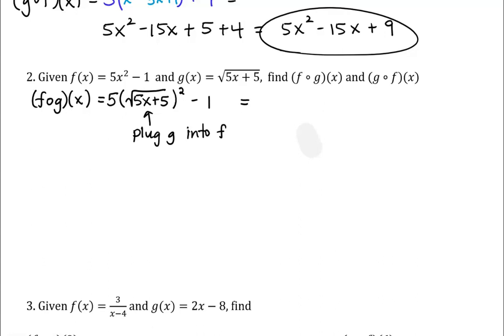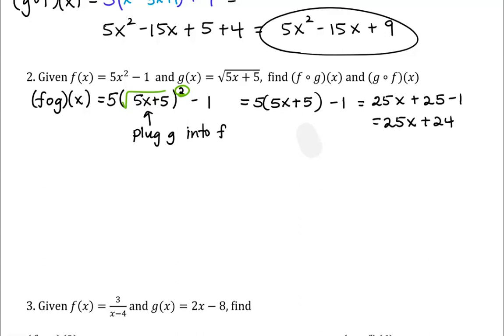The square root in that function is going to cancel out with that squared. So that's just going to leave us with 5 times 5x plus 5. No more square root, and then we still have that minus 1. I'll go ahead and distribute that 5, which leaves us with our final answer after we combine like terms of 25x plus 24.